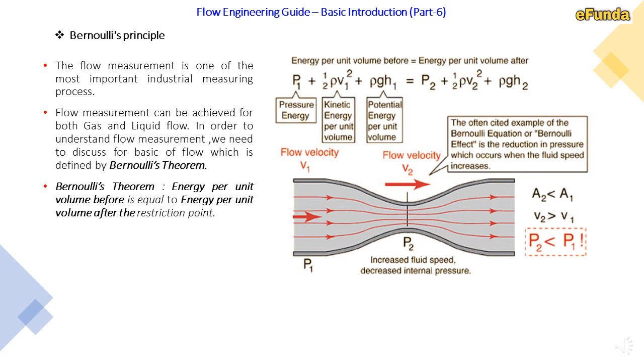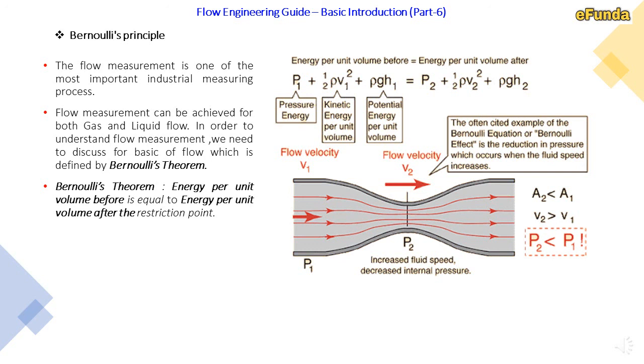after the restriction point. One can see the pipe where one can see the velocity at the inlet as well as the velocity at the outlet. In between there is a restriction where the velocity is increased to complete the flow with some pressure drop.